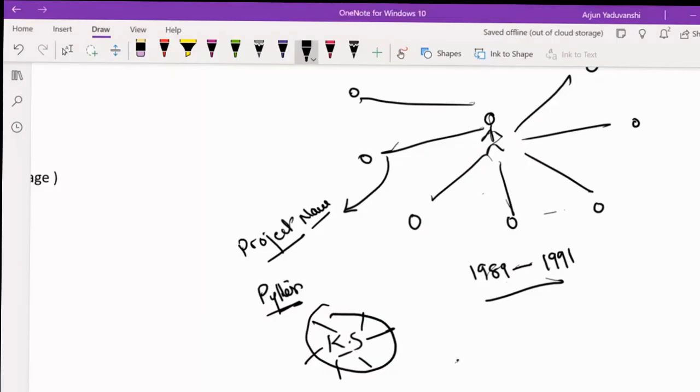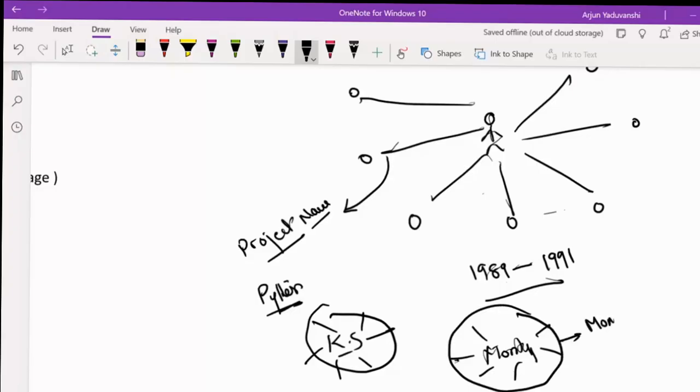Monty had his own team of 5 members. And this team and Monty together were called Monty's Pythons. In short, sometimes this team was also called Python.